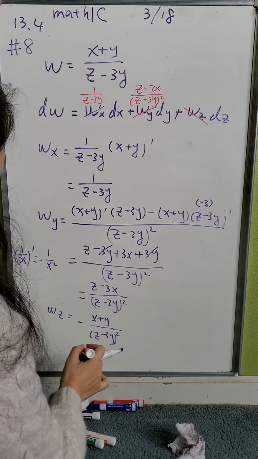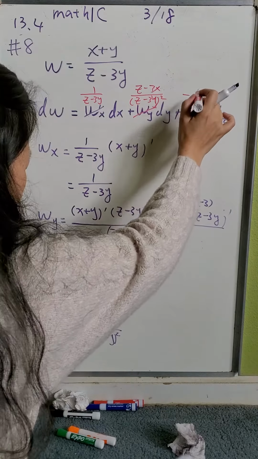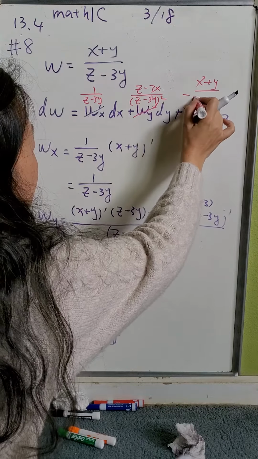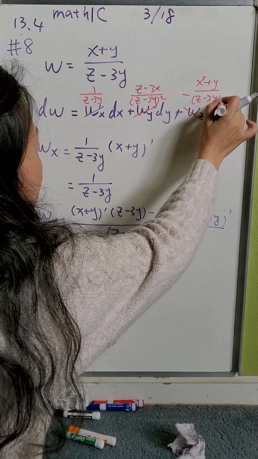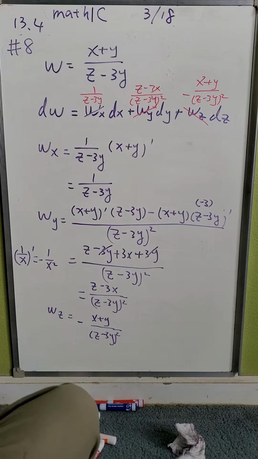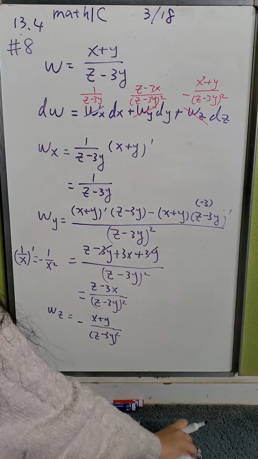And then wz equals negative (x plus y) over (z minus 3y) squared. Okay, so that's how you do these problems. And you leave the dx, dy, dz alone. So that's for problem number 8.